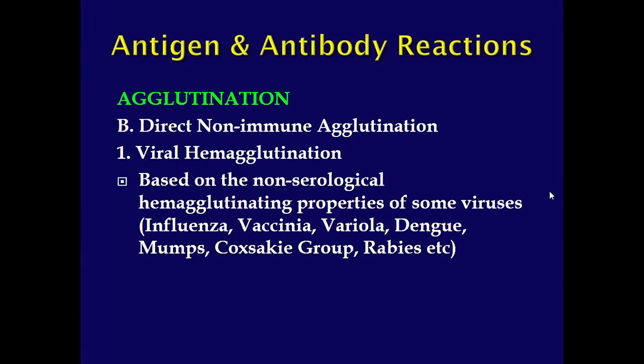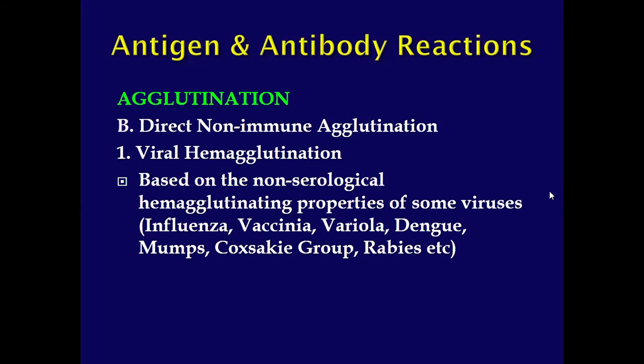So this is based on the non-serological hemagglutinating properties of some viruses. It is the characteristic of the virus that they are capable of agglutinating the red blood cells, like the influenza, the vaccinia, variola, dengue, mumps, Coxsackie group of viruses, and rabies.